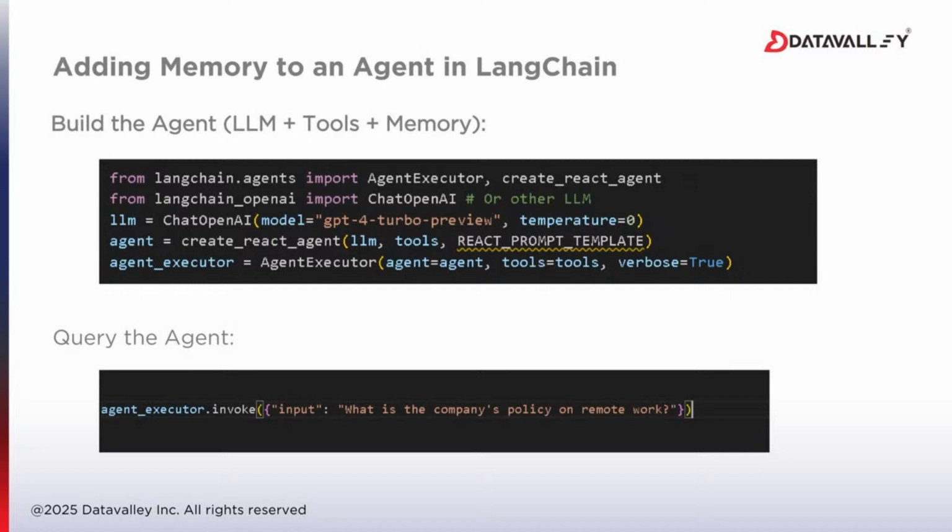Next, we will initialize our language model. In the parentheses, I have mentioned the GPT-4 turbo model, setting the temperature to 0 to get more deterministic responses. I'm initializing that model and storing it in an llm variable.